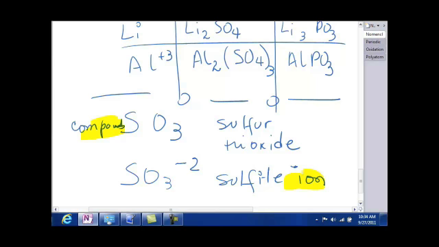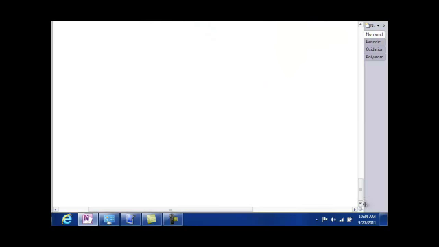Okay, find me another one in exercise 6. Like exercise 6U. They want me to name nickel iodide. Okay, let's see.